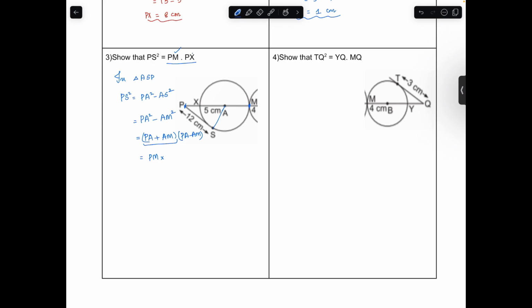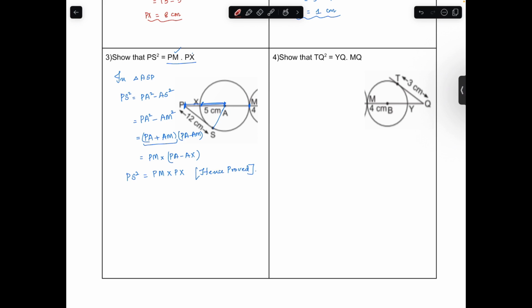The second one is PA minus AM. Instead of AM, let us write AX. That is, from PA, if this AX is removed, we get PX. We have proved that PS square is equal to PM times PX. Hence proved.